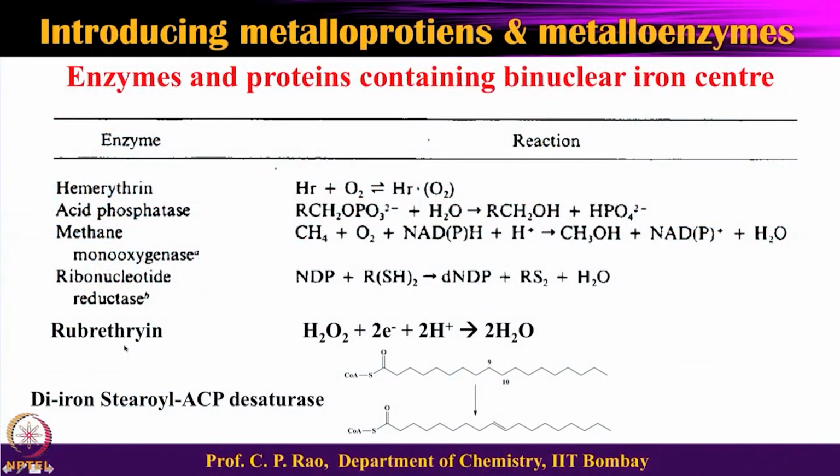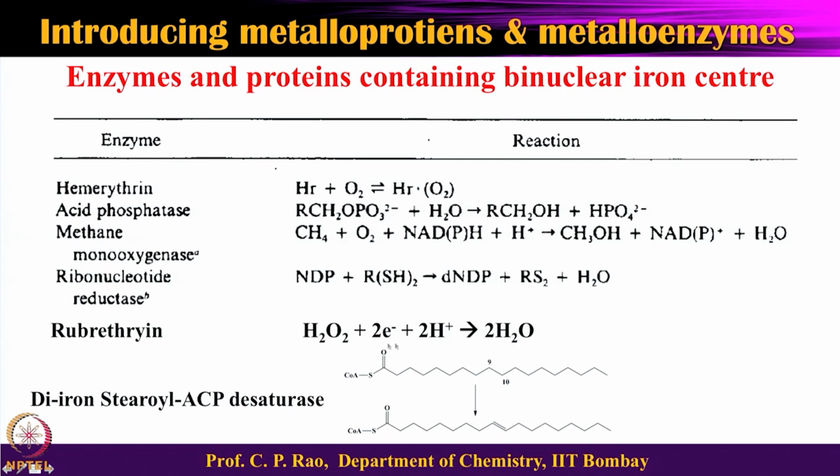And one more enzyme, let us look at rubrerythrin. Rubrerythrin catalyzes the breakdown of hydrogen peroxide, and hydrogen peroxide is generated by the enzyme superoxide dismutase. One product is water, one is oxygen, the other is H2O2, and the H2O2 is further broken down to water, and you can also call it a catalase.